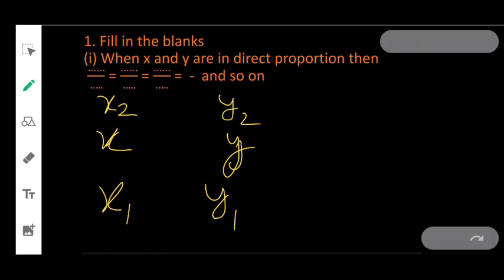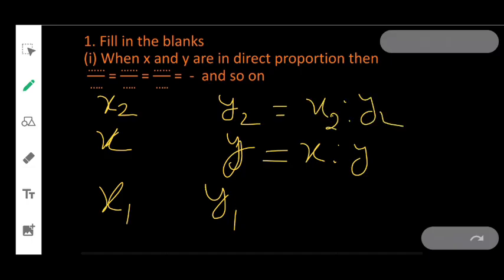Now the ratio between these two variables, x2 is to y2, and x1 is to y1, are equal. That means this equal to this equal to this.